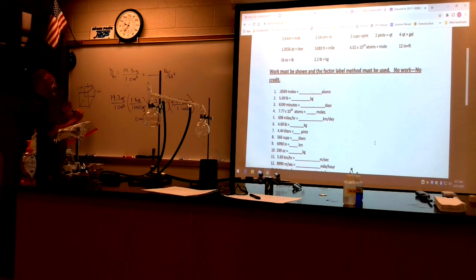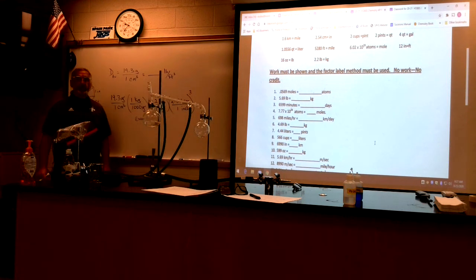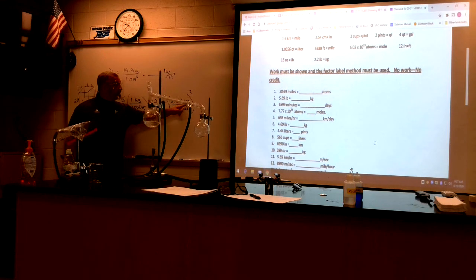Well, for centimeters, that's 2.54 times 2.54 times 2.54. So to get cubic centimeters versus cubic inches, I need to cube this, because that's going to get me cubic centimeters over a cubic inch.